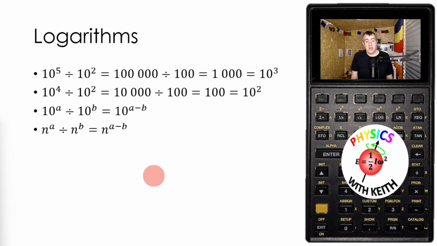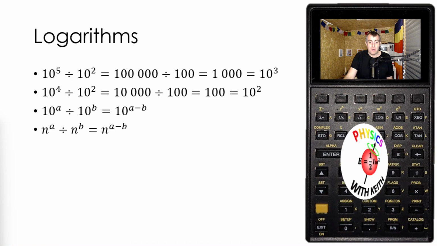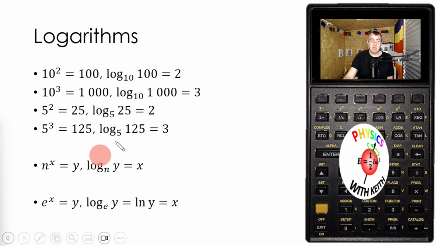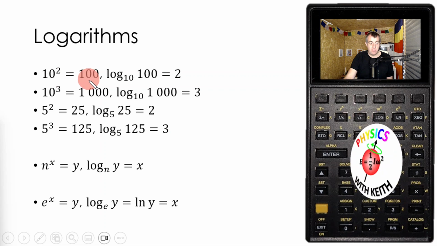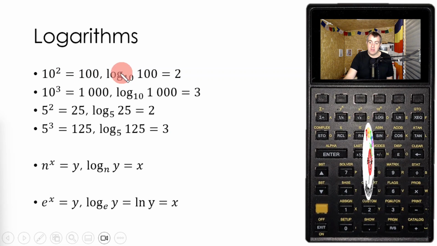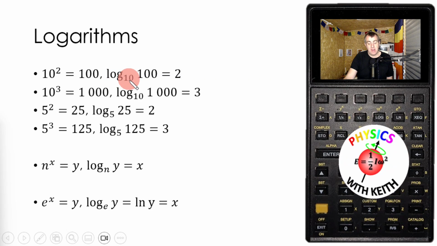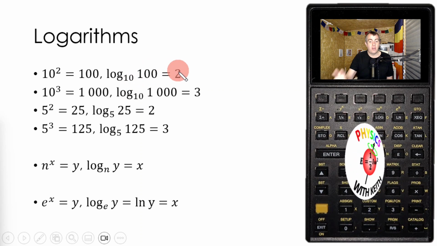Logarithms are just another way of writing the same thing, writing numbers in a different way. So we could write the same number here, 10 to the power of 2, as 100. What this notation says is that the logarithm, when you've got a base of 10, that is equal to 100, is the logarithm 2.